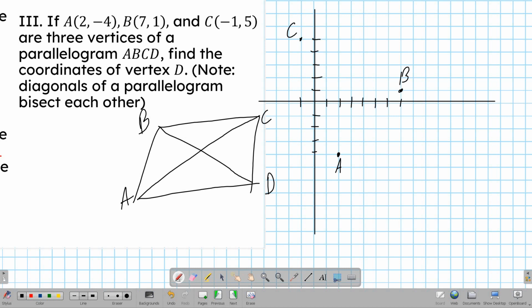And if it's a parallelogram, it bisects each other, which means itong AC, hinati niya sa dalawa yung BD. And BD, hinati niya sa dalawa yung AC. So pag hinati sa dalawa, saan dumaan yung diagonal? Dito sa midpoint. Doon papasok yung midpoint.